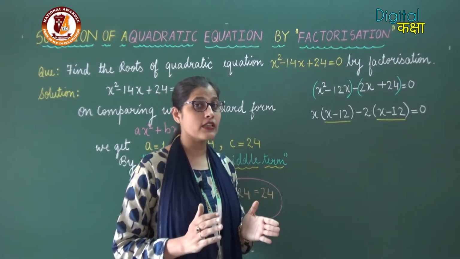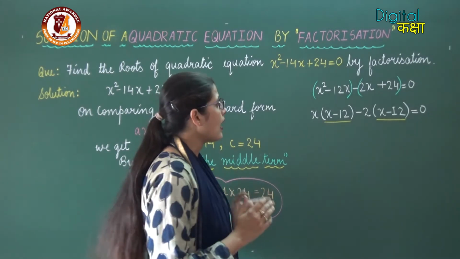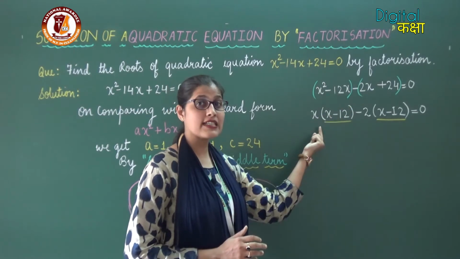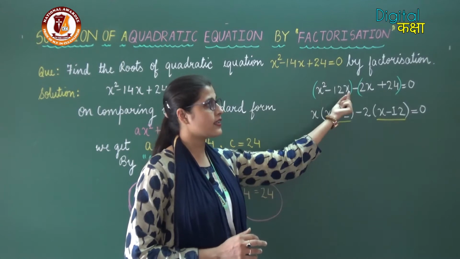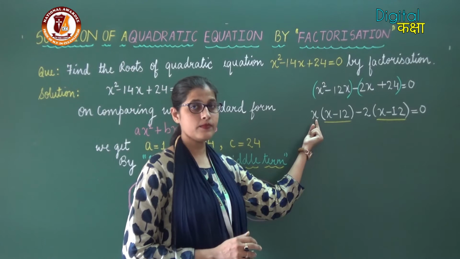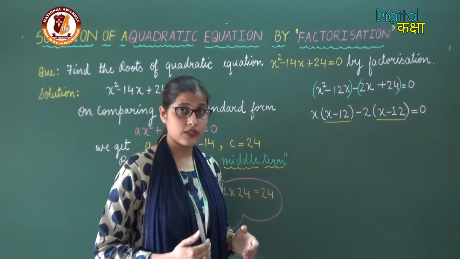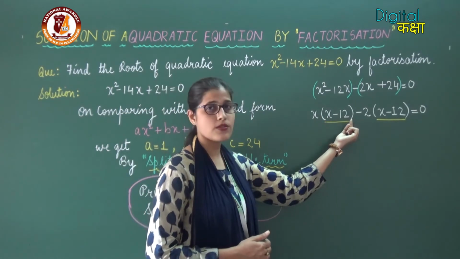Now, we need to see the common factor in each of the groups. As you can see in the first group, x is common over there. So, we will take out the common factor x. We will be left with x minus 12.